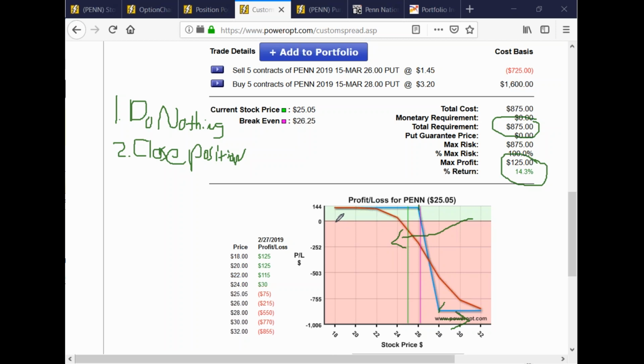It's okay. The idea is to limit the loss on the losers to keep that win ratio that matches your trading plan and still profit what you need, 75, 80, 85% of the time. Close position, take small loss, and just move on.